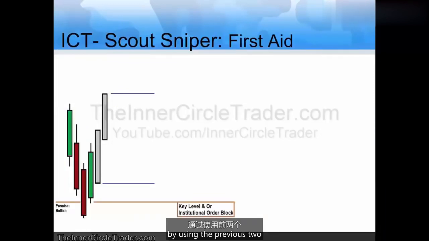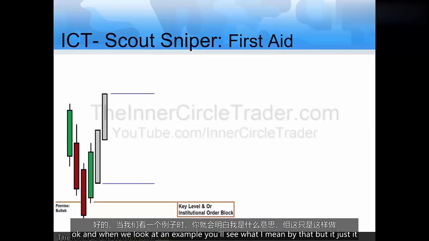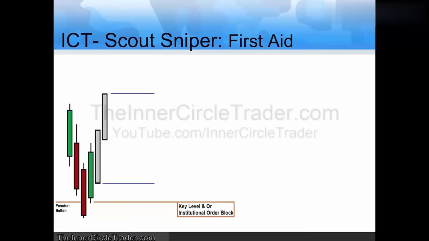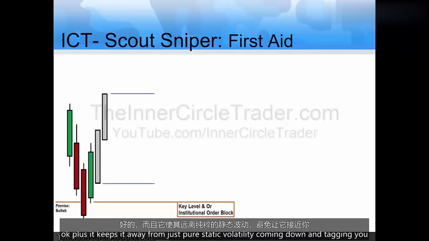But by using the previous two swing lows, what it's doing is allowing successive 79% retracement levels. And when we look at examples, you'll see what I mean by that. It builds in an allowance for market structure to continue to make higher highs and higher lows, plus it keeps it away from just pure static volatility coming down and tagging you.